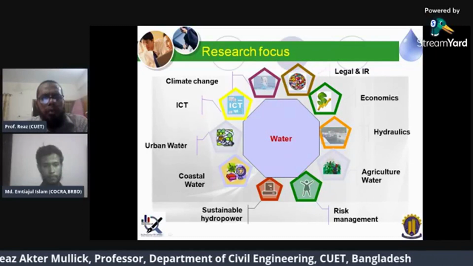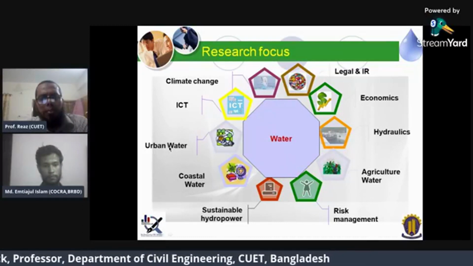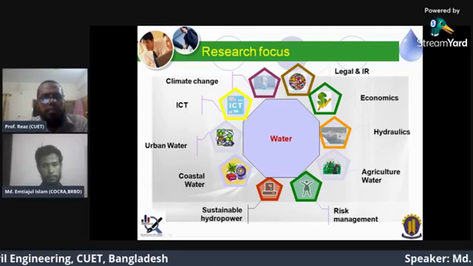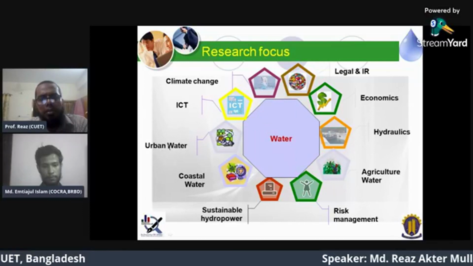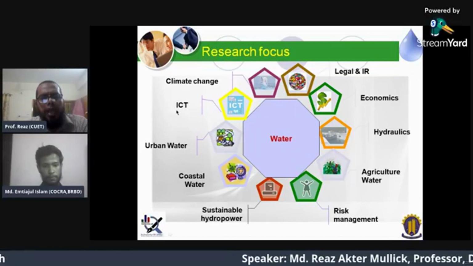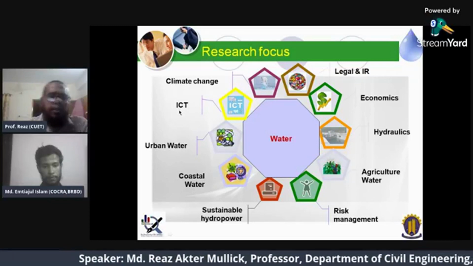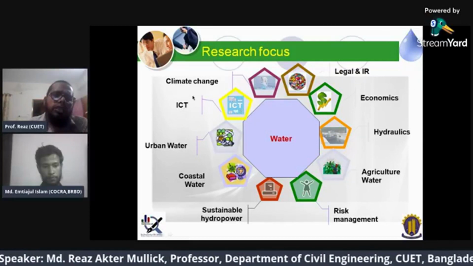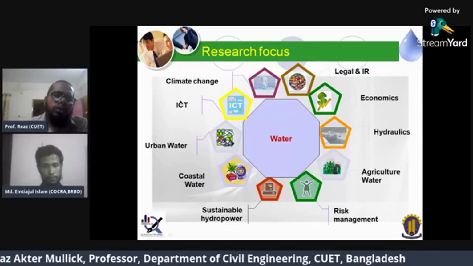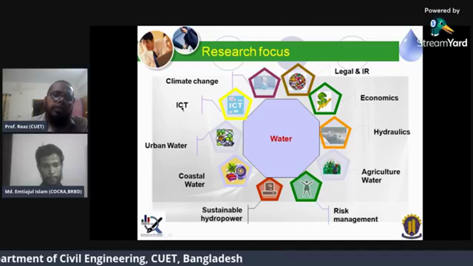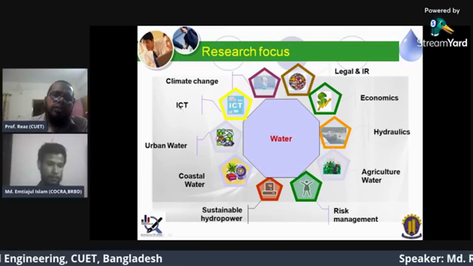Then urban water, the urban supply and urban water collection and treatment, that is something also important. Then ICT, the information communication technology, has been included also in the water sector, and this is a very big area of research, an interesting area of research.